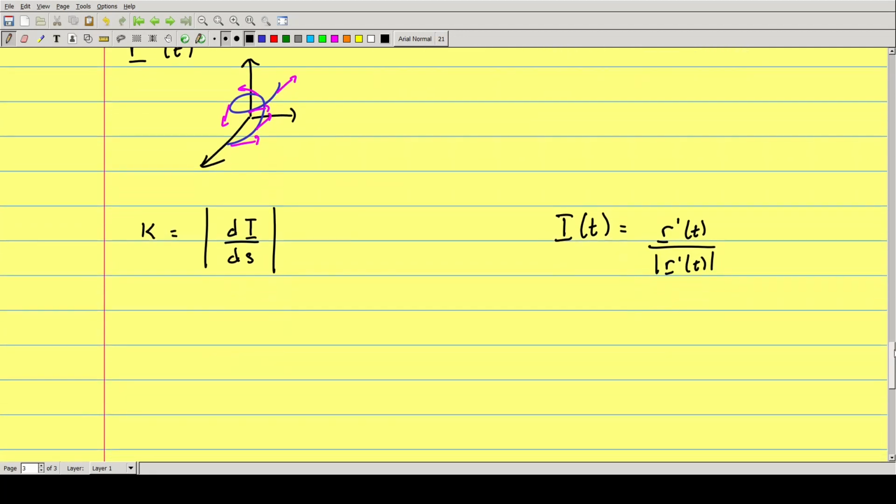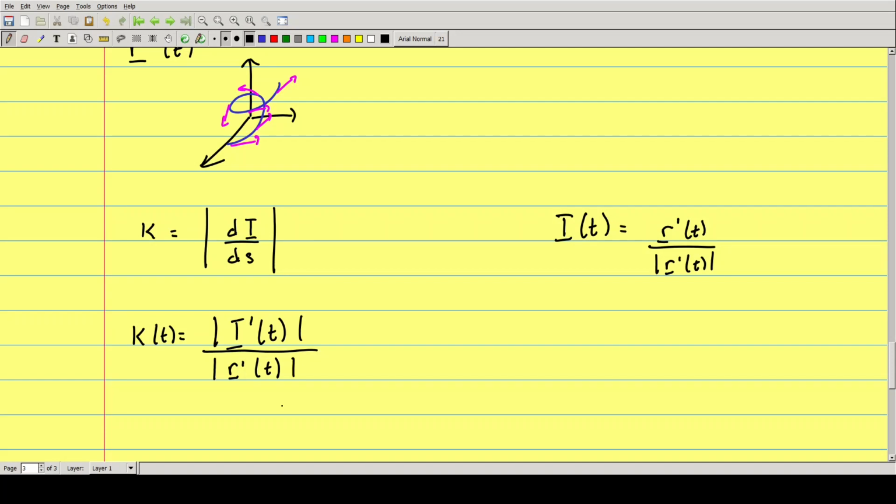So the normalized tangent vector. Now, if we write out this expression, we can come up with a different version of this formula here. It's probably, in practice, easier to use. But it does require that we compute some magnitudes of things.